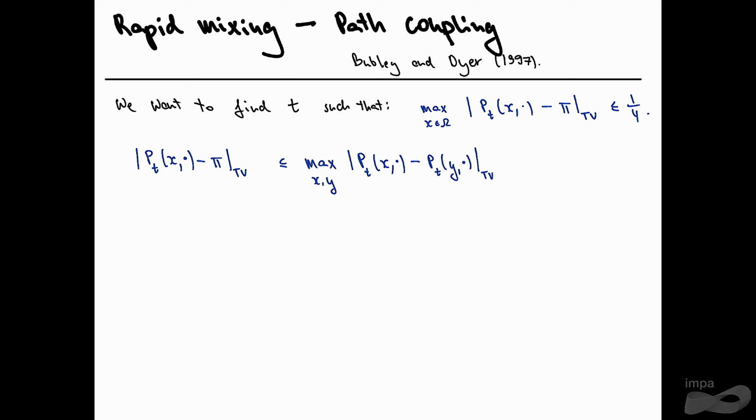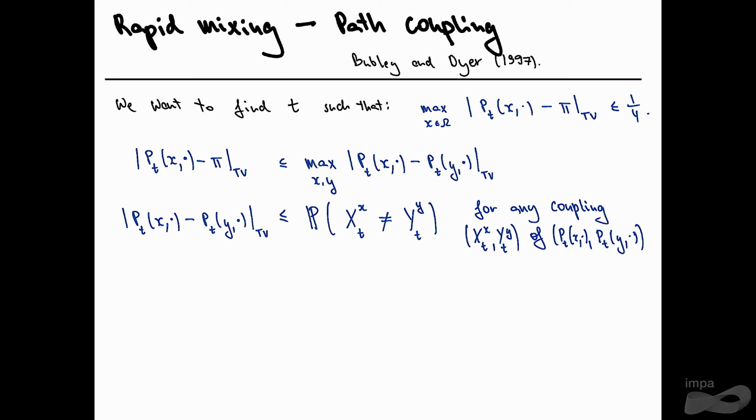And the idea is that if you want to get to the uniform distribution, then it's actually enough to prove that the distance between any two starting points in T-step transitions is not far. The stationary distribution is just an average over all the P^T's, so this should be fine.